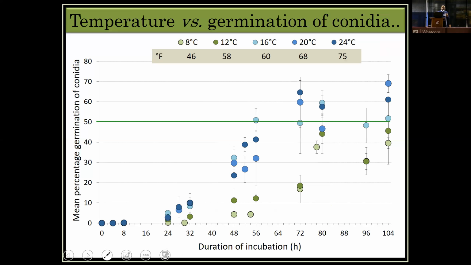Around 16 degrees, as I said, 60 and above, the germination rate is really high. So it peaked at about 42 to 56 hours, but by 72 hours, at temperatures above 60 degrees Fahrenheit, they reached 50% germination or above. So it indicates, again, even though spores are dispersed, it takes a longer time to germinate and infect the plant material.